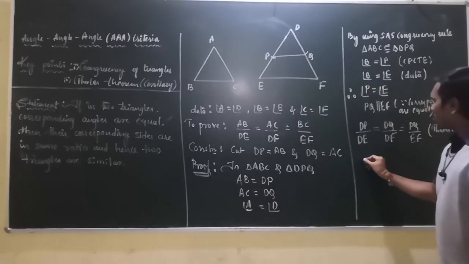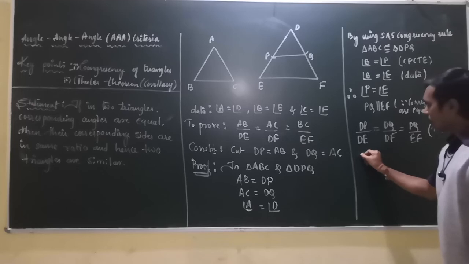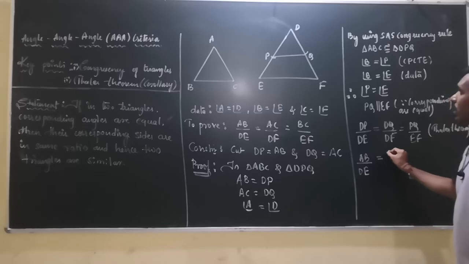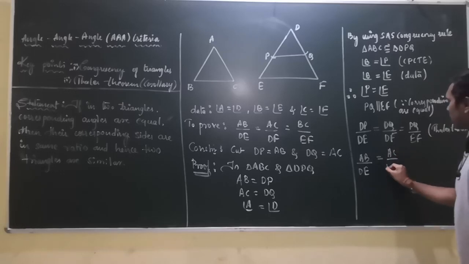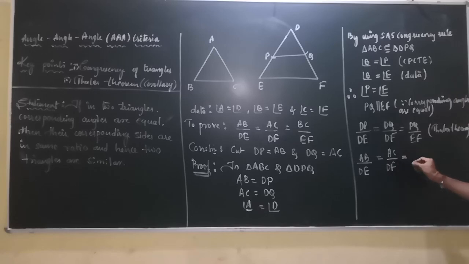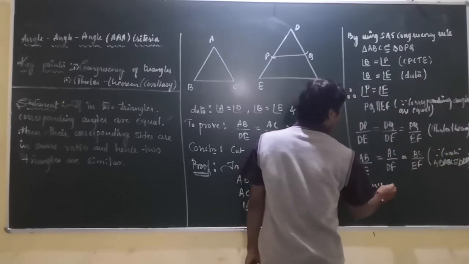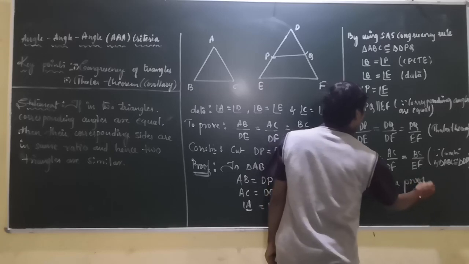So I replace DP by AB, that is AB by DE is equal to AC by DF is equal to BC by EF, because triangle ABC is congruent to triangle DPQ. Hence, the proof. This is the proof that we have.